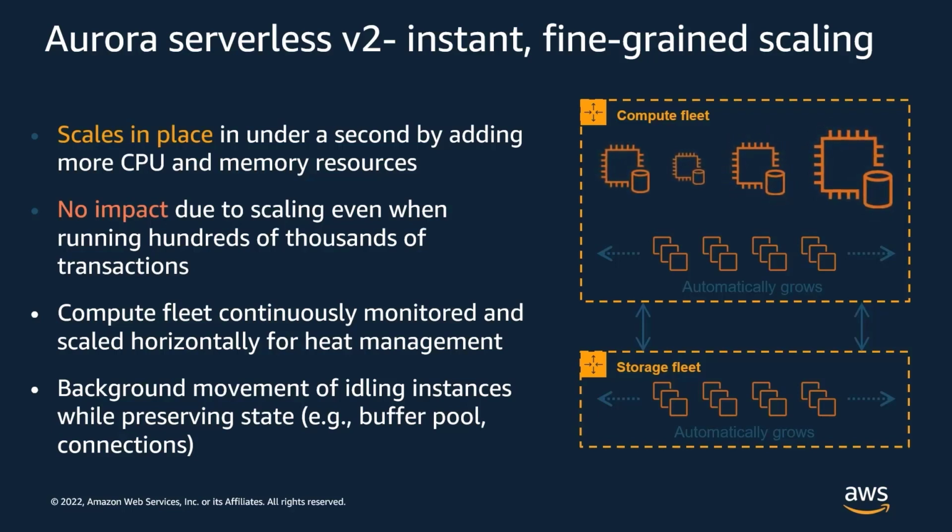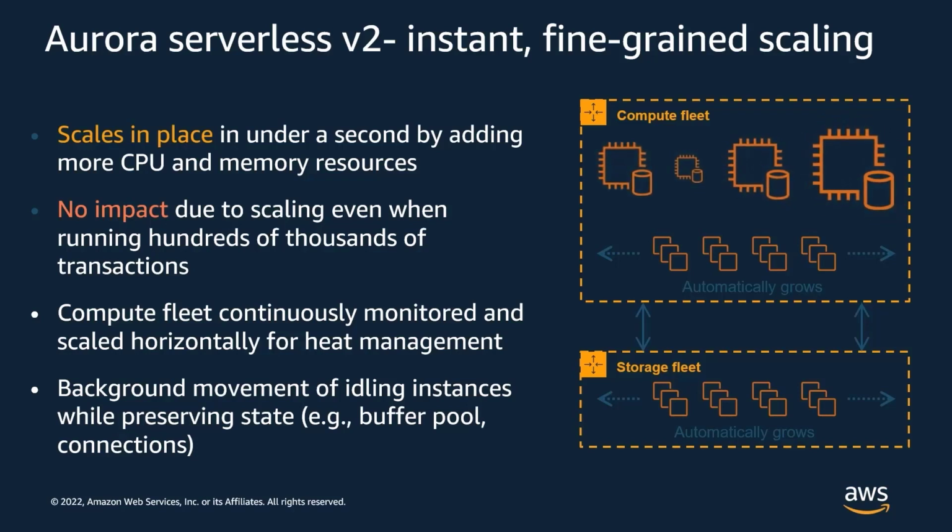Aurora Serverless v2 is an on-demand auto-scaling configuration, and it will automatically scale the compute needs to fit the workload. You will define the lower and upper bounds in terms of ACUs, or Aurora capacity units, and then Amazon Aurora will automatically scale between those defined ACU bounds as the workload scales. The compute capacity can scale up as well as scale down as the workload changes.